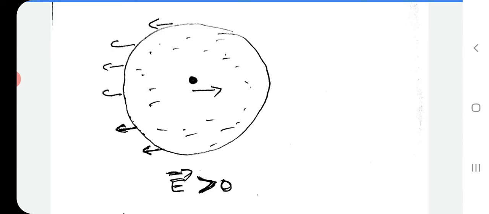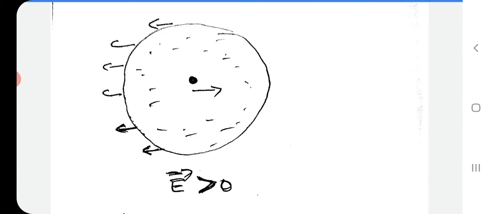Then the nucleus is pushed in the direction of the field, and the negatively charged electron cloud will be pushed in the opposite direction.